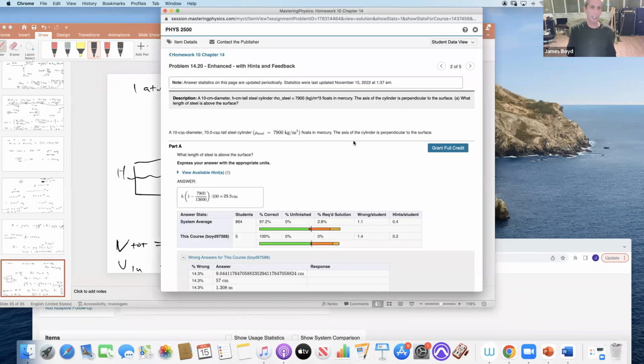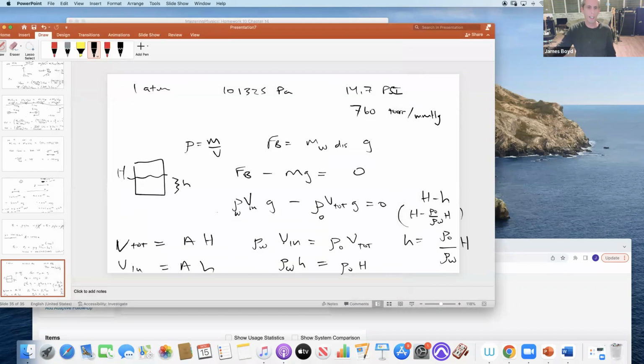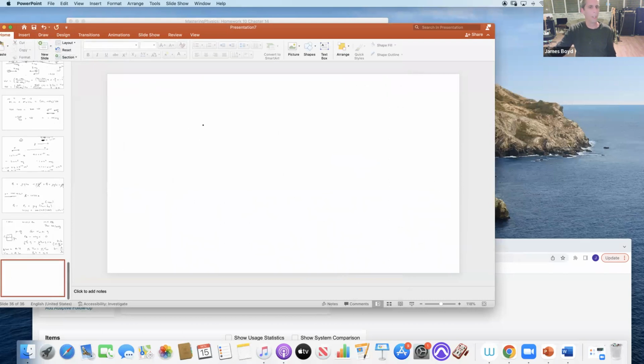So little h is the density of the object, which is 79,000, divided by the density of the water. No, I have that backwards. I have that backwards.